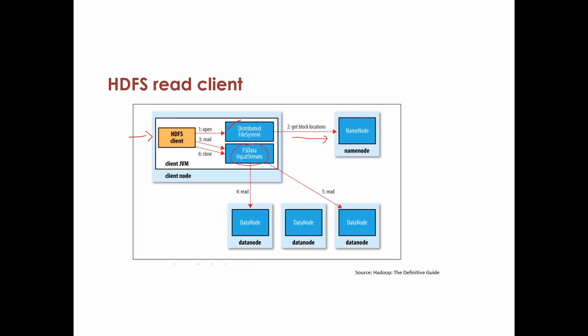So what this FSDataInputStream does is it already has the list of block locations, so it fires up this read command on each of these data nodes, and typically it does not wait for the output to arrive or this read to complete. So output actually never arrives to the client machine.